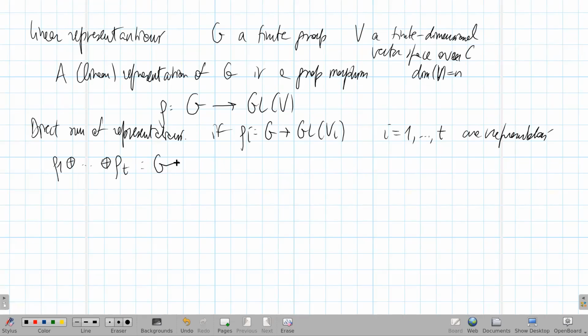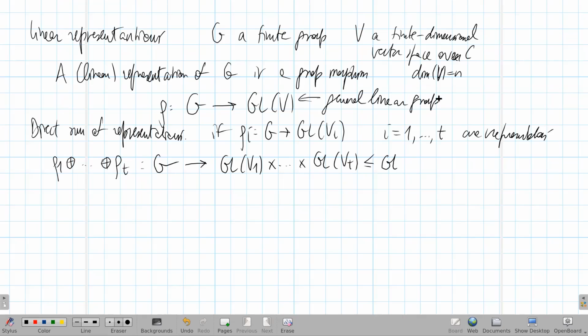So it's still a morphism from G to, say, the direct product of these GL(V_i), which is a subgroup of the general linear group on the direct sum of the vector spaces.